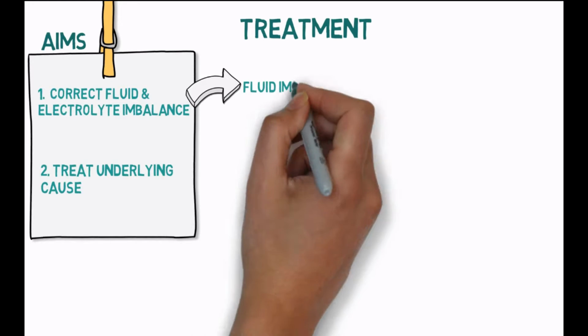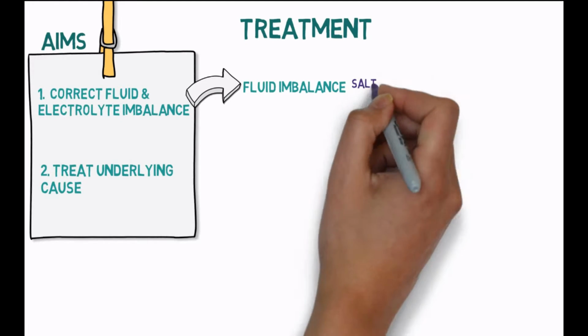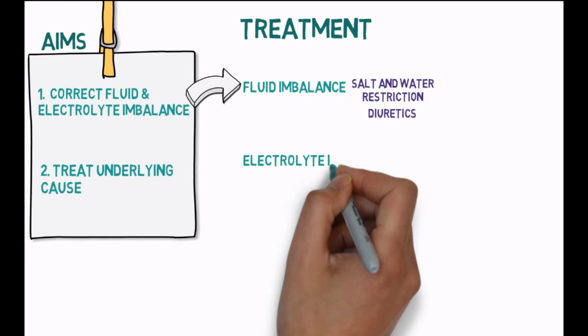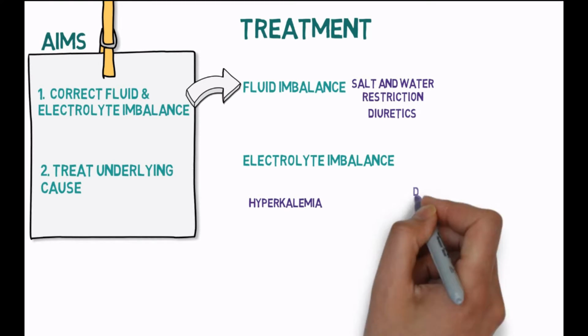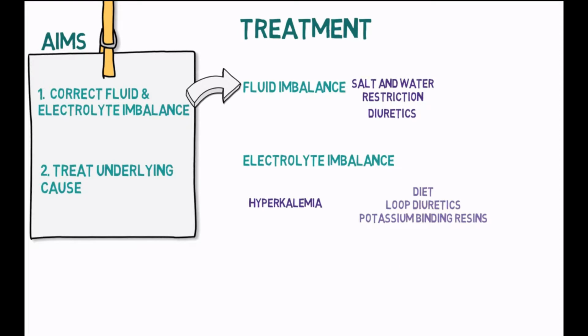Fluid imbalance is mainly associated with management of hypervolemia through salt and water restriction and diuretics like furosemide. Different types of electrolyte imbalances can occur. Most prominent of them is hyperkalemia, which is managed by a dietary restriction of potassium, loop diuretics and potassium binding resins.